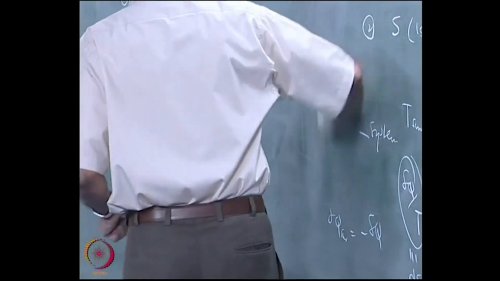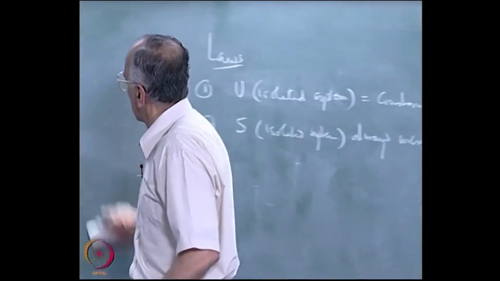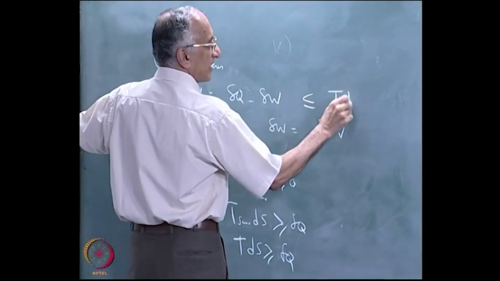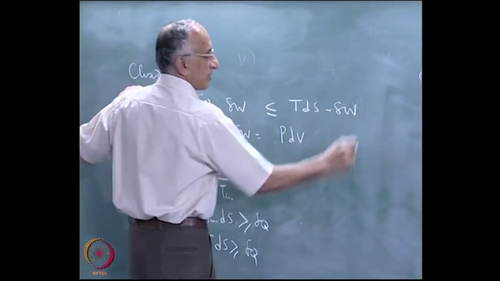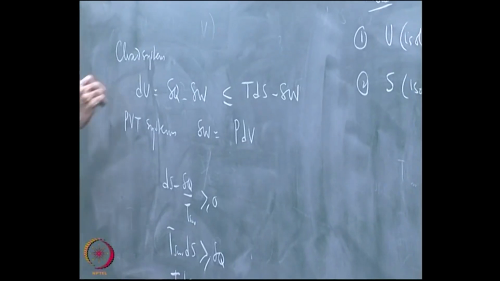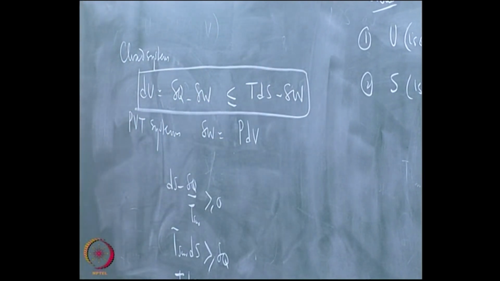So the real law for closed systems for all kinds of processes is this: delta W is less than or equal to T dS minus dU. This is the combined form of the two laws.